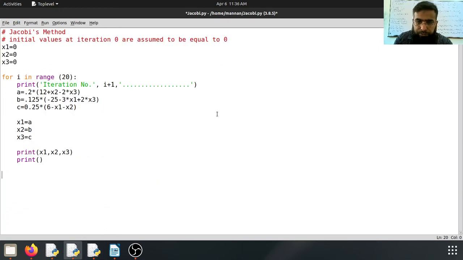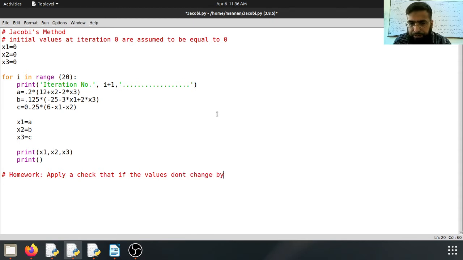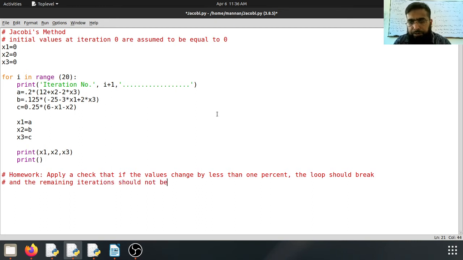I'm going to give you a homework here. You need to apply a check that if the values change by less than 1%, the loop should break, and the remaining iterations should not be there.